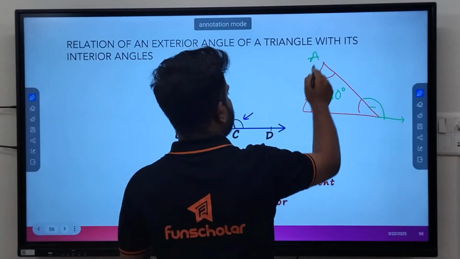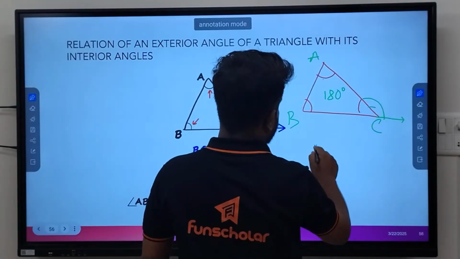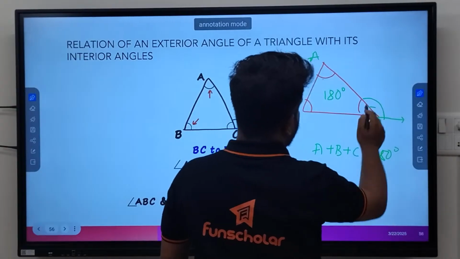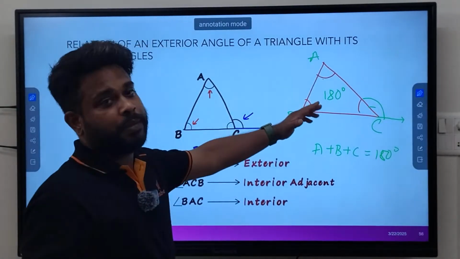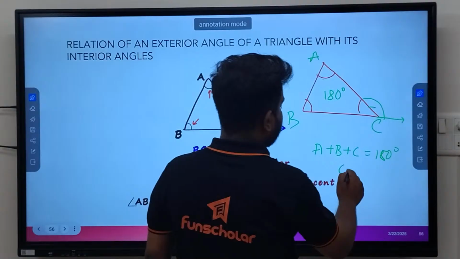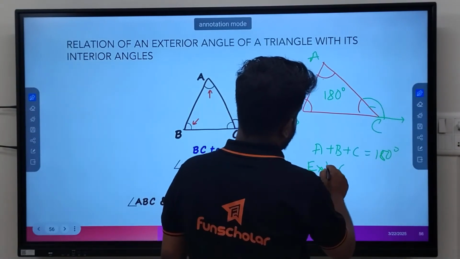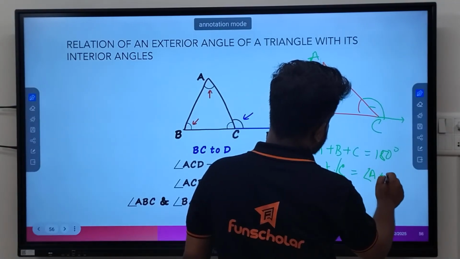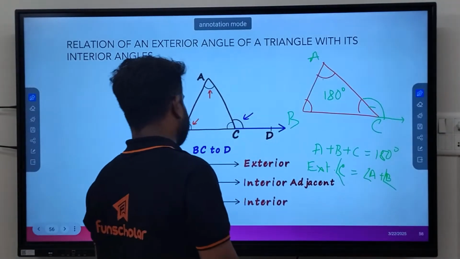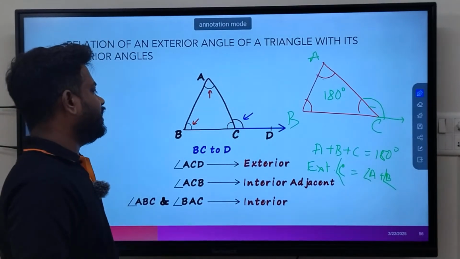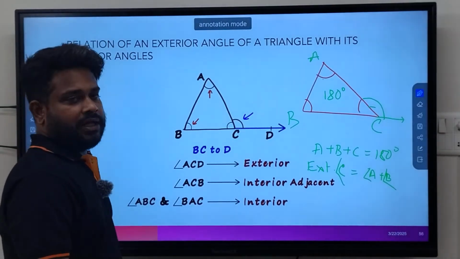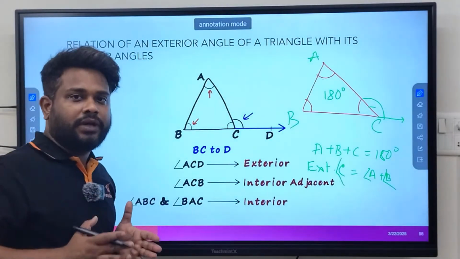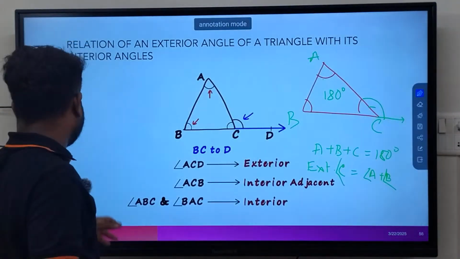If I name the angles A, B and C, here A plus B plus C makes 180 degrees, and if I consider the exterior angle at C, it will be angle A plus angle B. So this is basically the relationship between the exterior angle of a triangle and its interior angles.